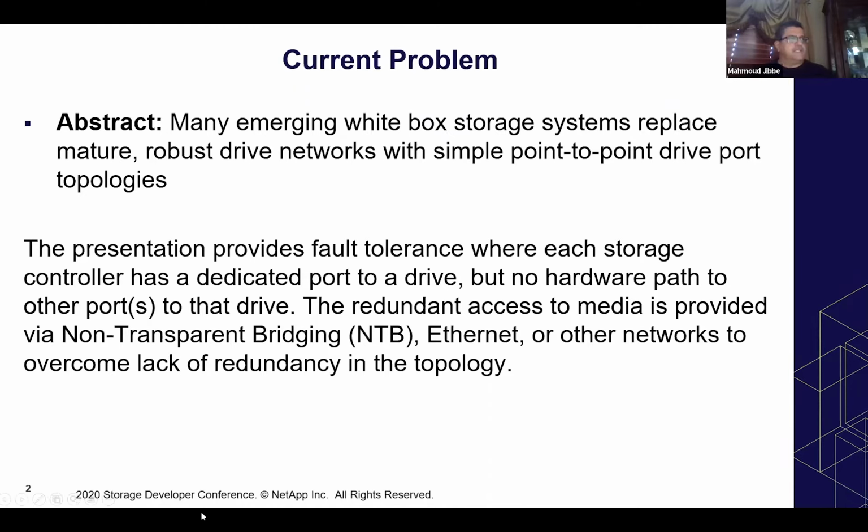Now, in this presentation, we're going to share with you how the storage product has a dedicated port to drive, and there is no hardware path to another port that establishes the redundancy. And the redundancy access to the media is provided via a network called non-transparent bridging or Ethernet or other networks to overcome lack of redundancy in the topology.